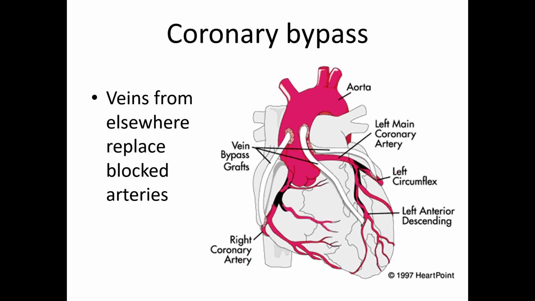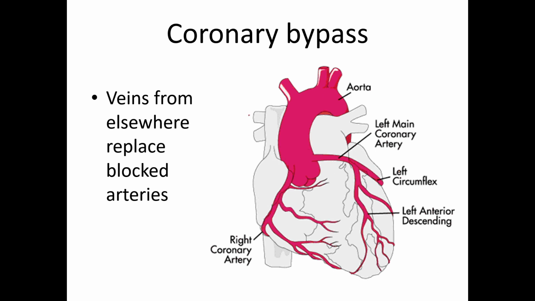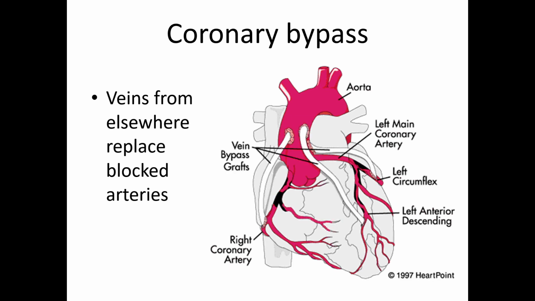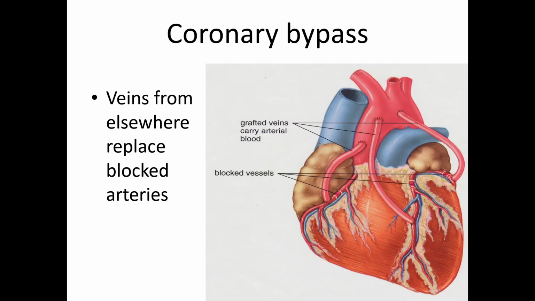With arteries, you typically can't do that. And so you take veins from your leg, and you use them to reroute blood, you can see here, around these blockages. In this case, there's 1, 2, 3. This would be a triple bypass. If there's one more, we call that a quadruple bypass, to get blood to go past the blocked areas so that blood flow can continue.